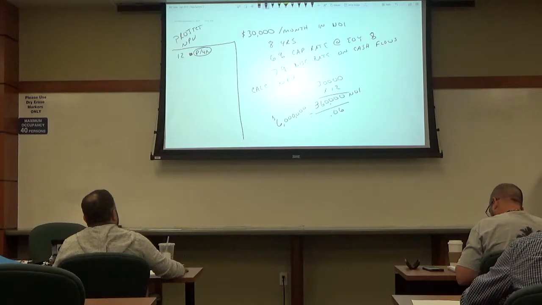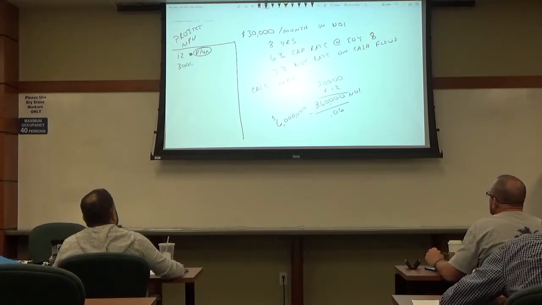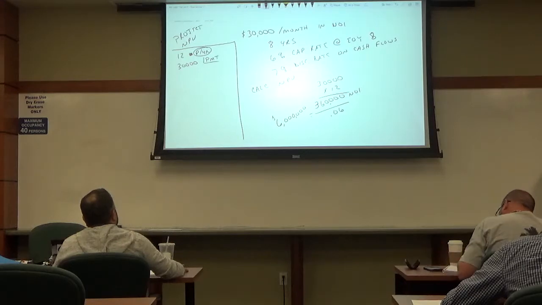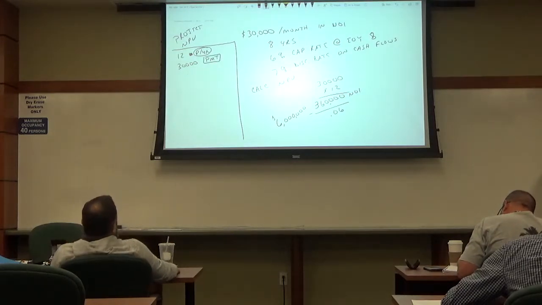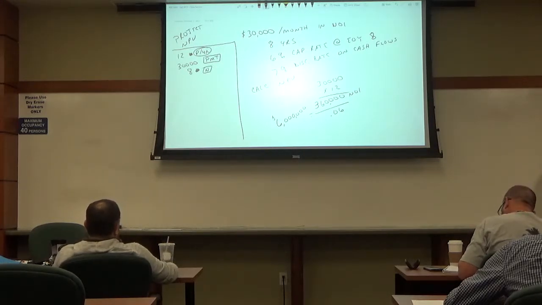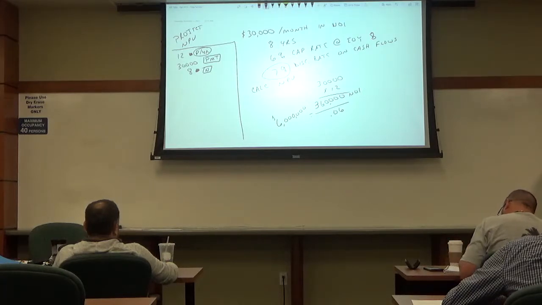Yes. Okay, now what we've got to do is put in, very simply, 30,000 as our payment, since it's going to be a consistent amount. 8 years, that'll be 96 months. Then we're going to put in the discount rate of 7%.